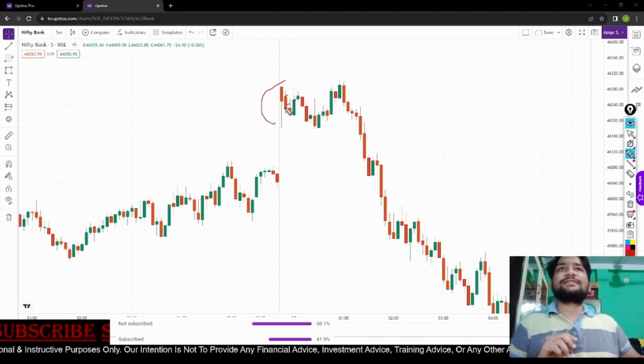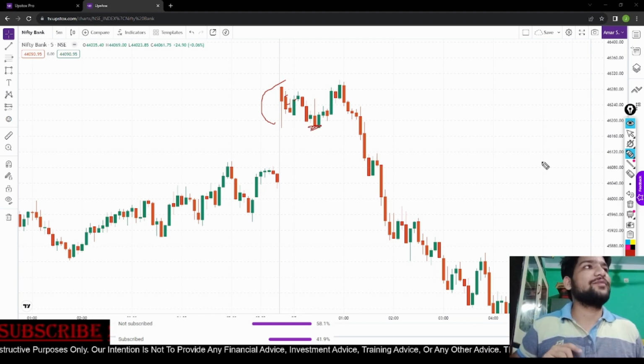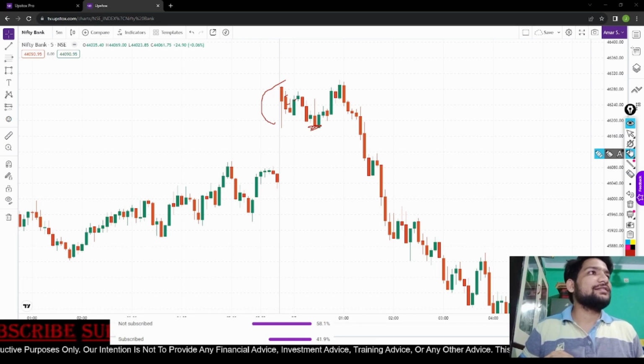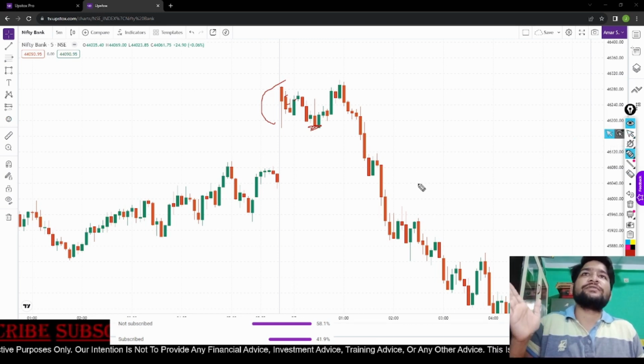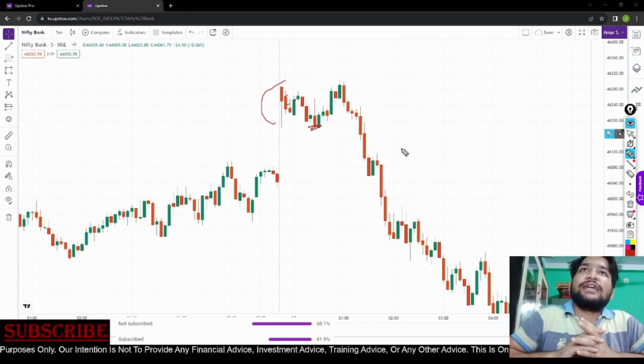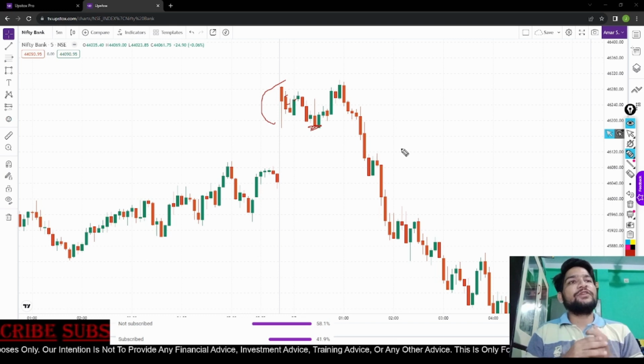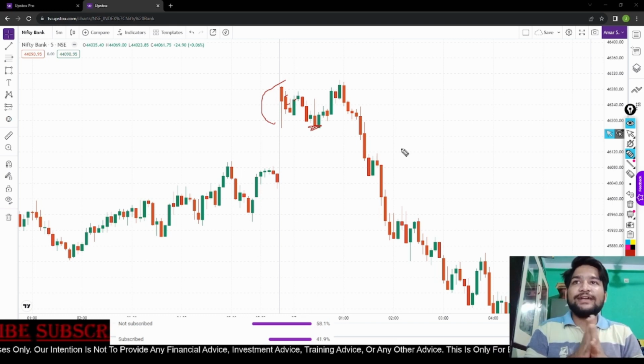And this has broken, this candle I think has broken the low. Maybe the 7th or 8th candle has broken the low, and we will not enter in the market, because simply the logic behind the entry in the first three candles is that we would like to capture the momentum, right?